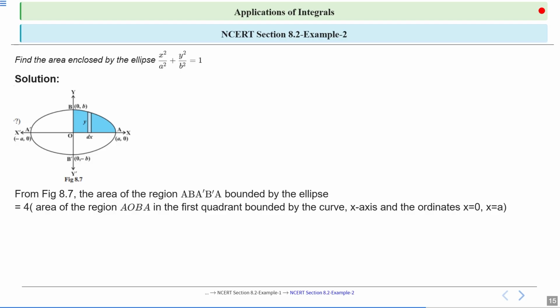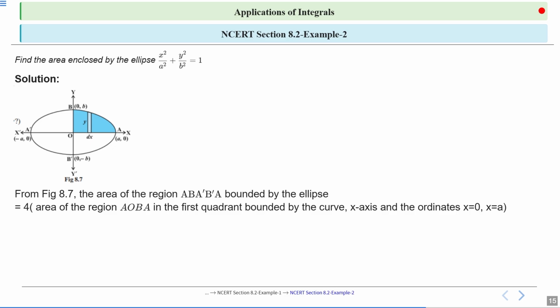Now to find the area of the entire AOBA, we integrate this thin strip from the line x = 0, that is the y-axis, to the line x = a.